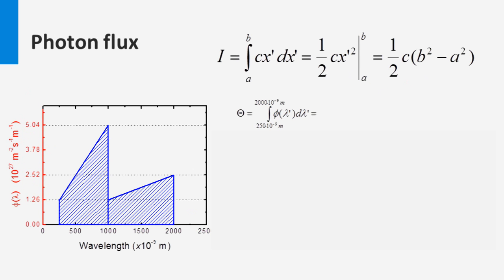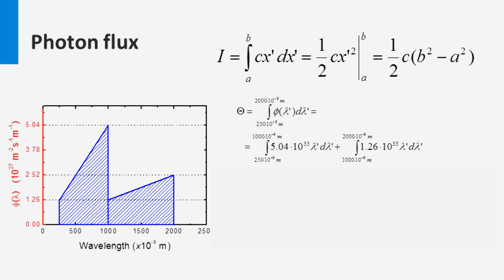The spectral photon flux can be described by two linear functions going through the origin. First, the photon flux is the integral over the spectral photon flux between the boundaries 250 nanometers and 2000 nanometers. We can split this function again in two different regions, or two different integrals: one between 250 nanometers and 1000 nanometers, and one between 1000 nanometers and 2000 nanometers.